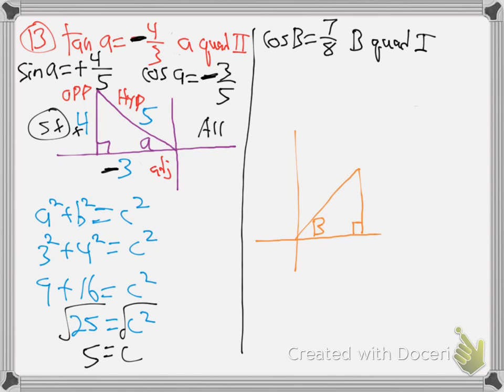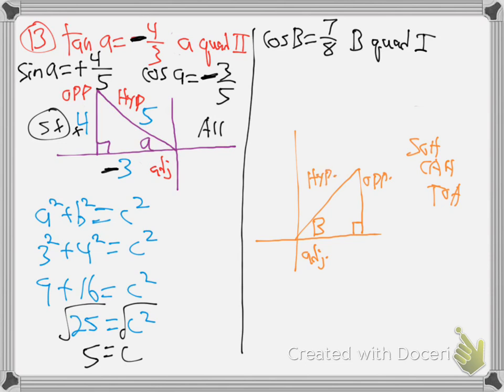Which is quadrant 1, which is nice. Everything's positive in quadrant 1. So SOHCAHTOA. This is adjacent. Opposite.